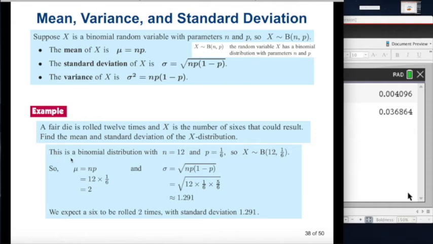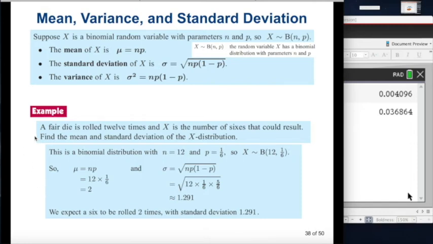And the formula for the mean is equal to np: number of trials 12, probability of success 1 over 6, and that's equal to 2. And sigma, the standard deviation, is equal to the square root of npq, which is the square root of 12, number of trials, times the probability of success 1 over 6, times the probability of failure 5 over 6, which is approximately 1.291.